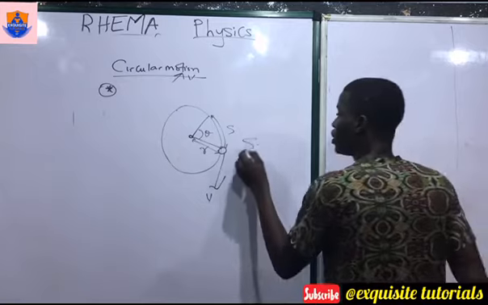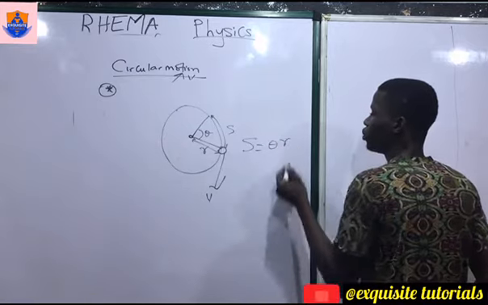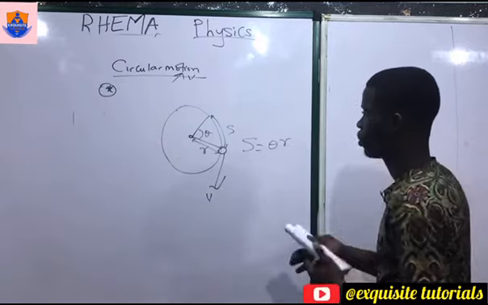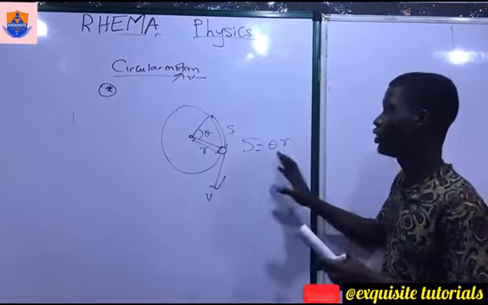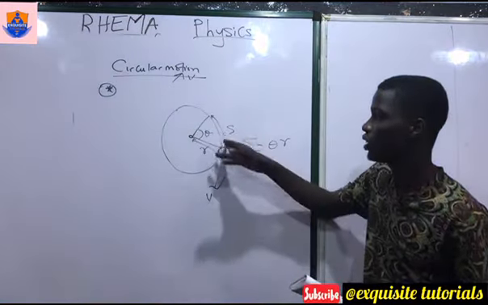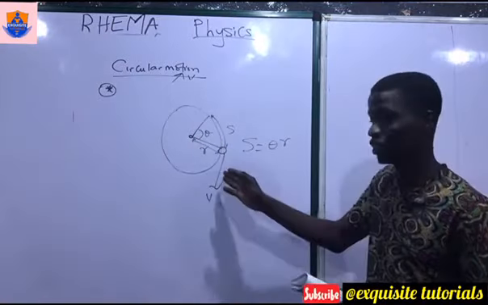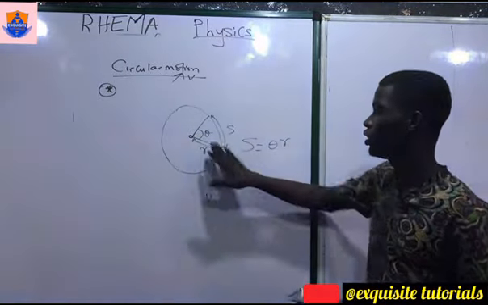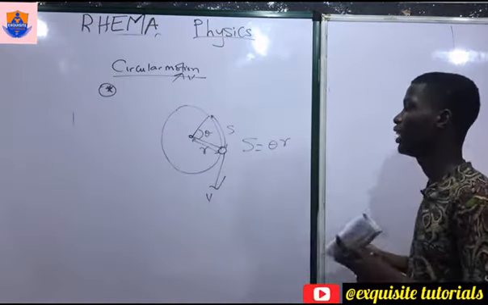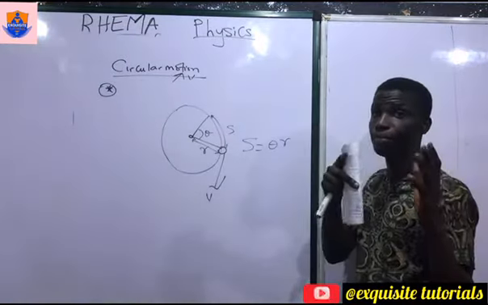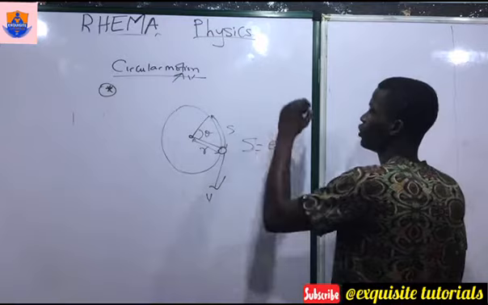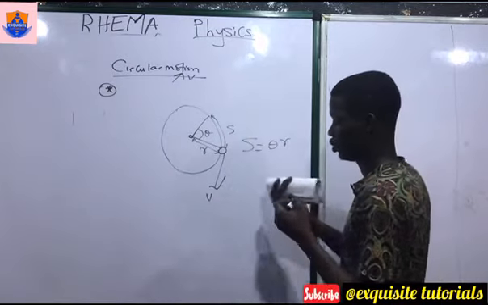Our arc length s is equal to r theta. This is the formula for solving the distance, the arc it takes, the linear distance. This is the radius, this is our theta. Our theta can either be in degrees or in radians. If you want to convert from radians to degrees, it's also possible.